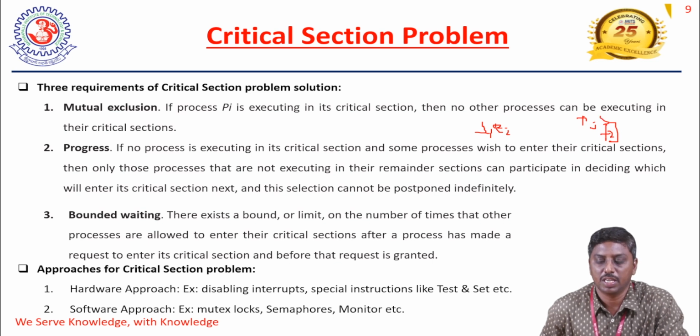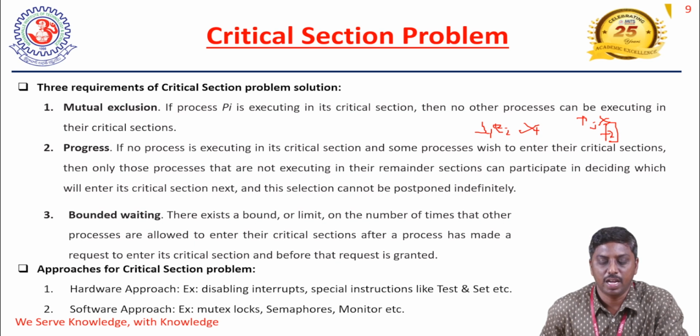So it should not enter. Allowing only one process in its critical section, and not allowing more than one process in their respective critical sections, is termed mutual exclusion, and this is required. This is the first and foremost requirement. If it is not satisfied, then we cannot trust that critical section problem solution.